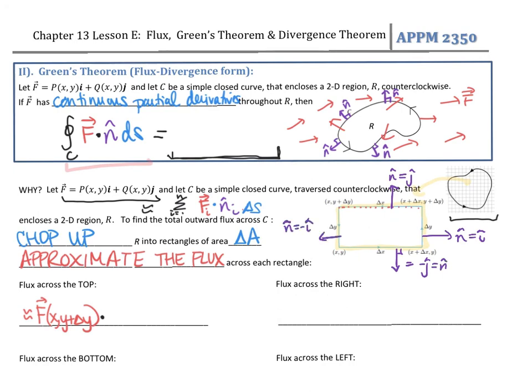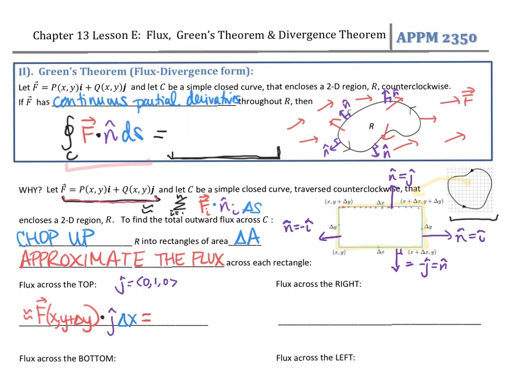Okay, so here we're just going to dot this with j hat. And as a reminder, j hat is just 0, 1. And then we're going to multiply by delta S. Along this top boundary, delta S is just going to be the same as delta x. And so notice what happens when we take the dot product of my vector field F with j hat.